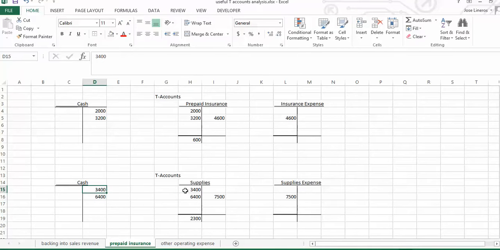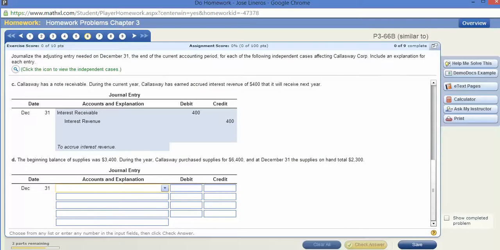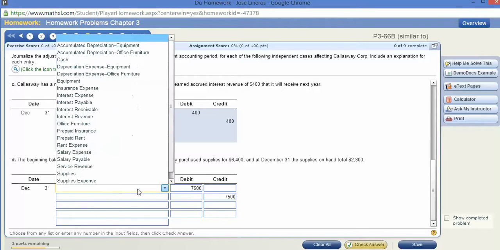In other words, a debit and a corresponding credit. The reason I show this is just so you see that things balance, right? So you buy some more supplies, you pay for it, you end up with 2,300. This is what happened when you counted it at the end of the year, so the difference is 7,500. This is supplies expense.